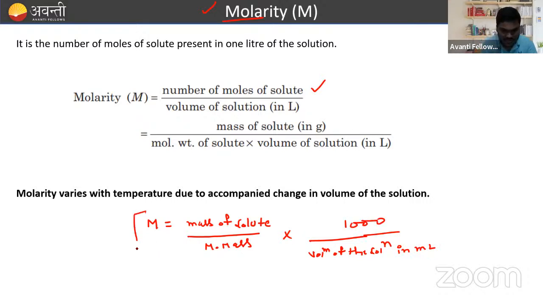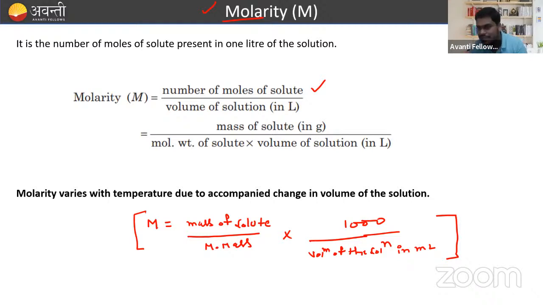This is a very good formula to do numericals in a faster way. So what is the formula for finding the molarity of the solution, beta? That is mass of the solute divided by molar mass, into 1000, divided by volume of the solution in milliliter, right? So this is how you can identify the molarity.